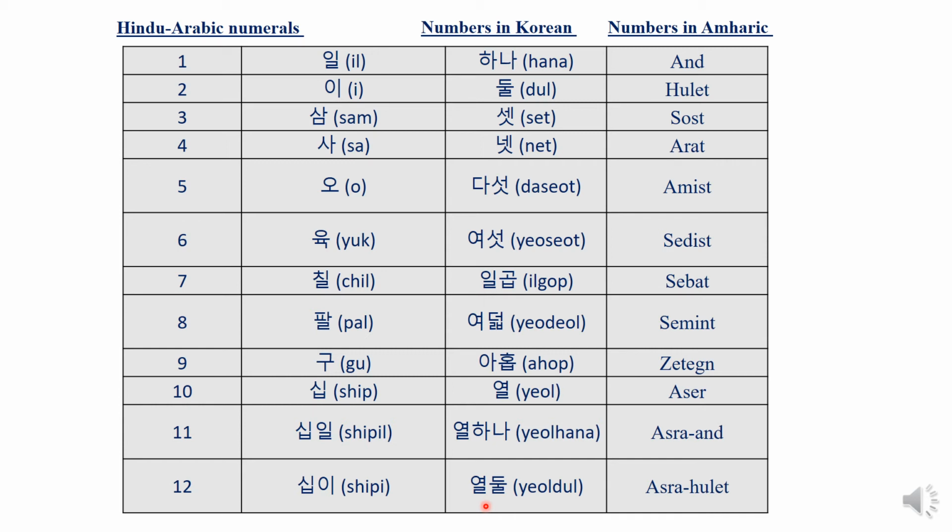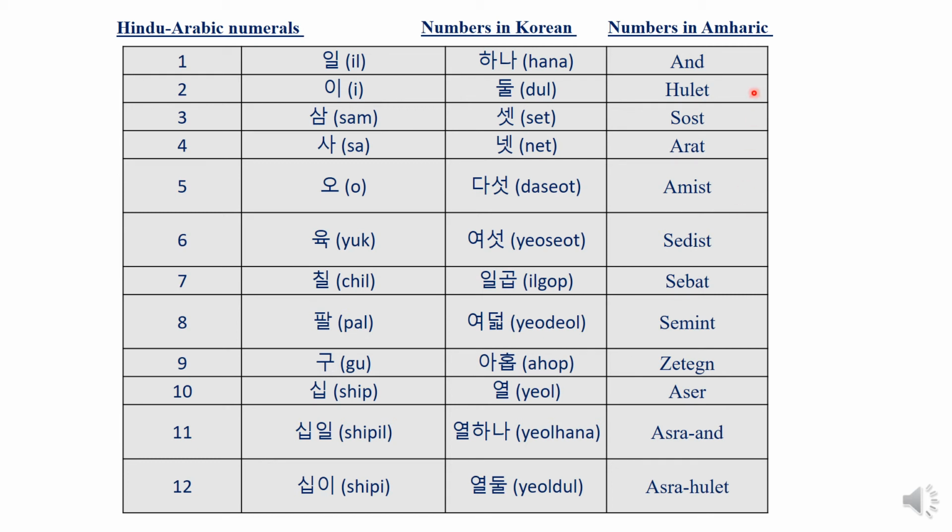So in this case also, Yal is 10, right? So 10 plus 1, Hana, is 11. I don't think you need to know more than this, but if you want to practice how to relate it with counting time, you need additional study, I guess.